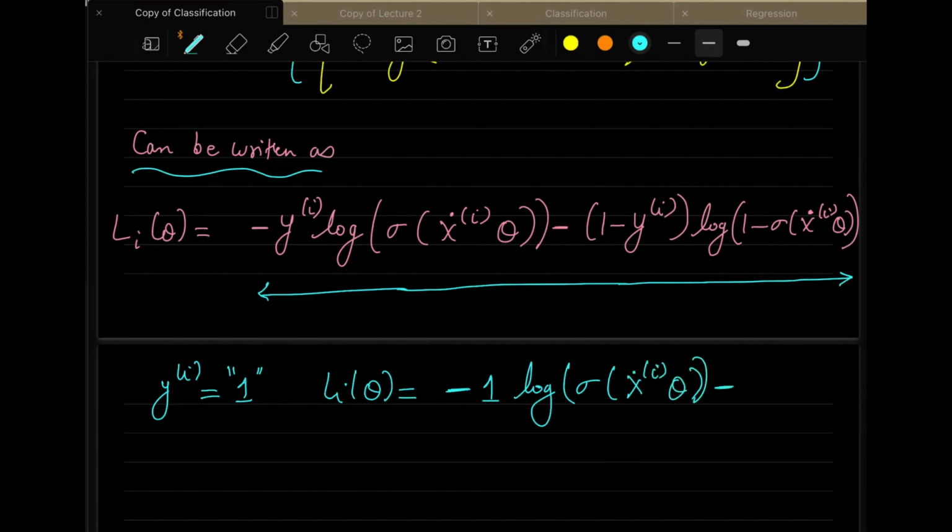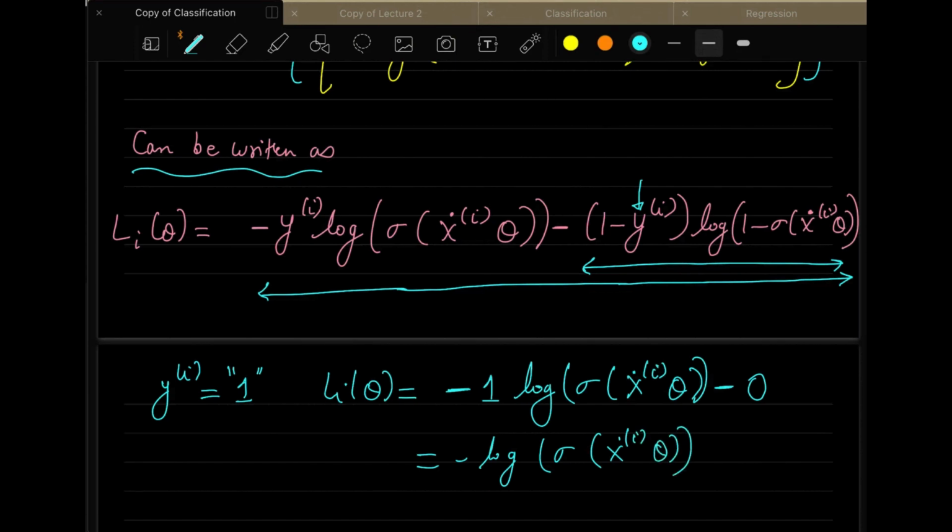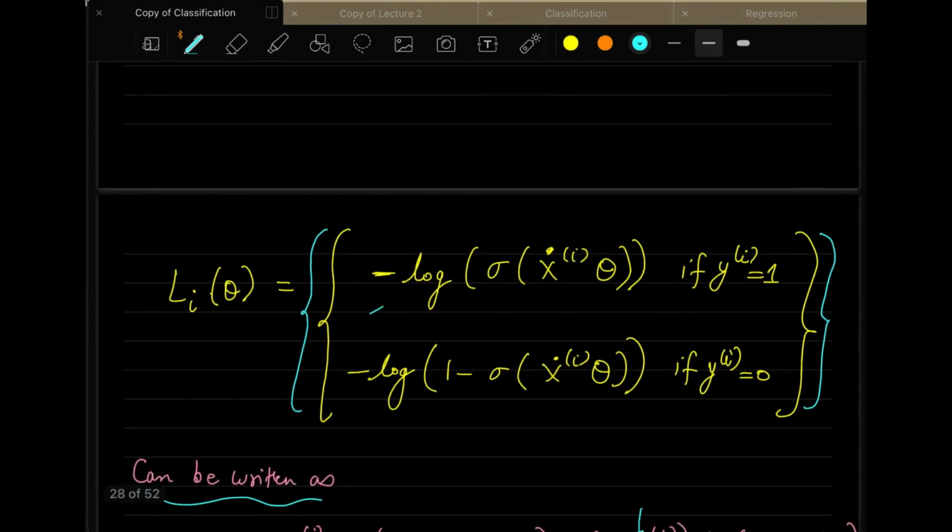When you put 1 here, this particular term will obviously go to 0. So there is no such term here, it will be completely 0. What you are left with is minus log of sigma(xi theta). This you already know, for this particular case we are already taking this as the function. You can see over here, this is already there.